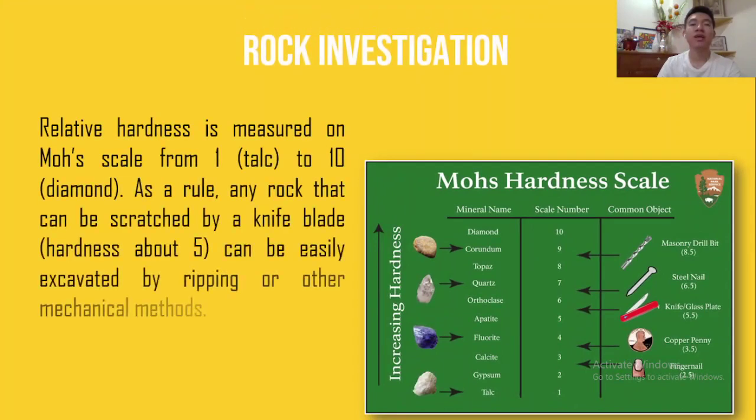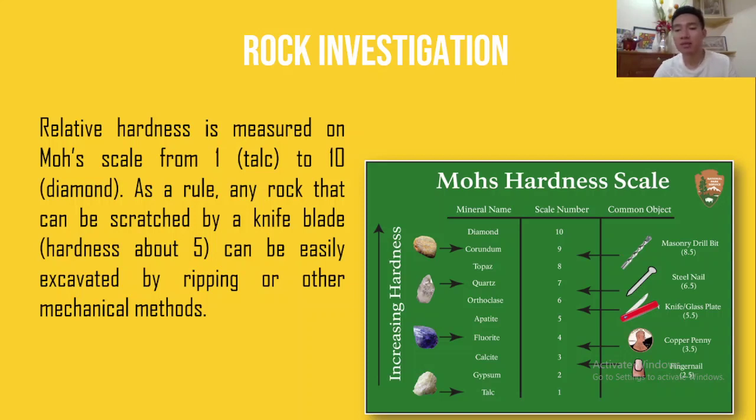Now for rock investigation, relative hardness is measured on the Mohs scale from 1 to 10. As a rule, any rock that can be scratched by a knife blade, so hardness about 5, can be easily excavated by ripping or other mechanical methods.